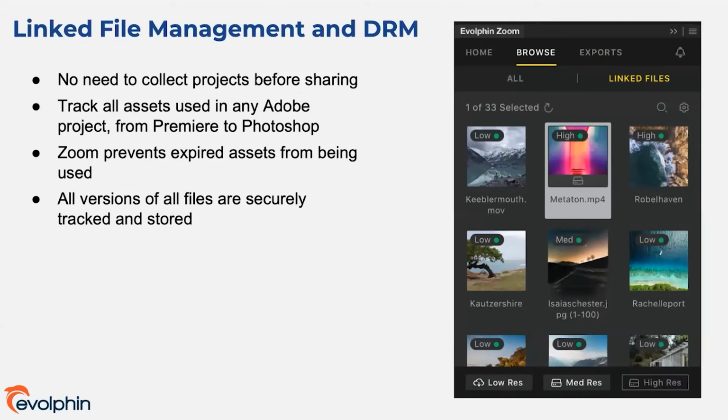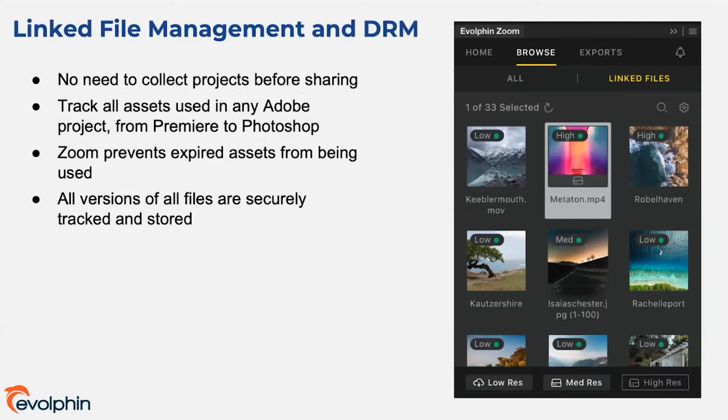So another way that Evolphin Zoom takes a lot of the headache out of media management is that it tracks every file used in every project. So if you have 100 or 1,000 video files used in a Premiere project, or a bunch of images used in a Photoshop document, it's going to track all of those assets that are in the Adobe project.